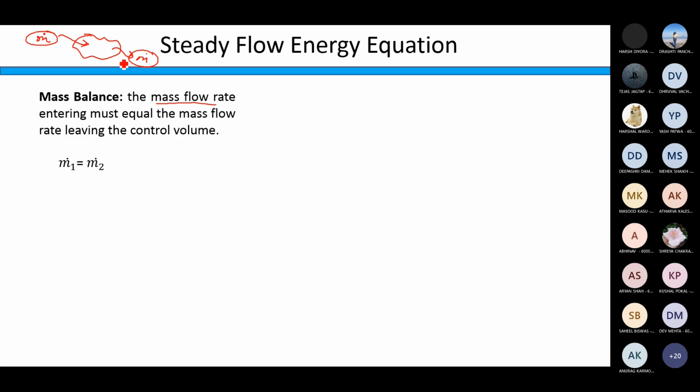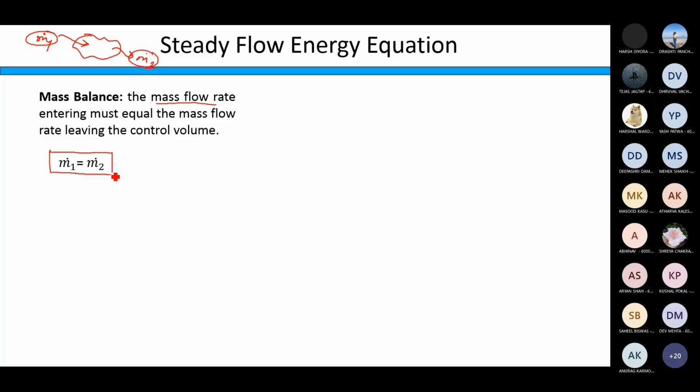These two must be balanced. At inlet I may say m dot 1, at outlet I can say m dot 2. Mathematically, m dot 1 is equal to m dot 2, meaning the mass flow rates at inlet and outlet are one and the same, or equal. So this is the mass balance.